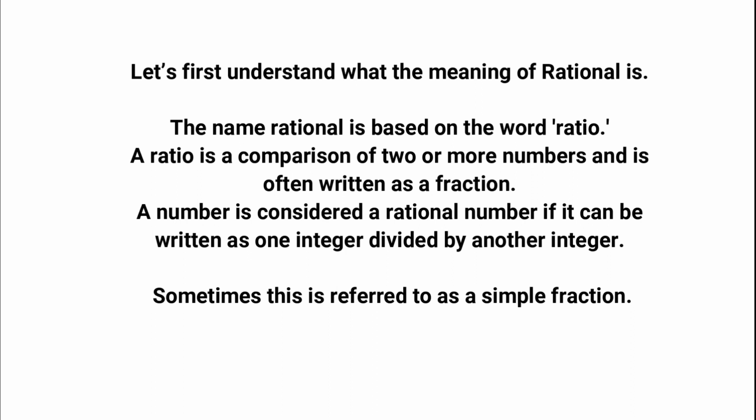The name rational is based on the word ratio. A ratio is a comparison of two or more numbers and is often written as a fraction. A number is considered a rational number if it can be written as one integer divided by another integer. Sometimes this is referred to as a simple fraction. I hope you have understood what a rational number means.